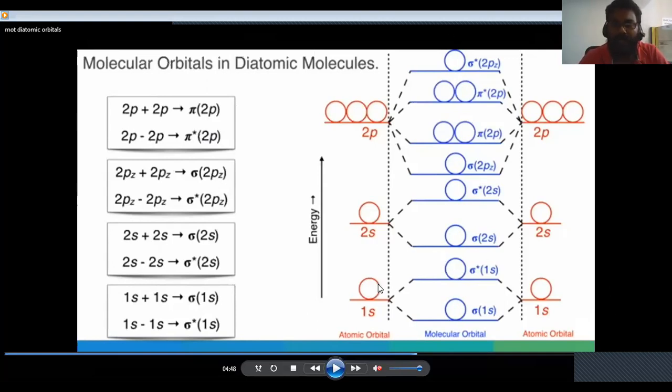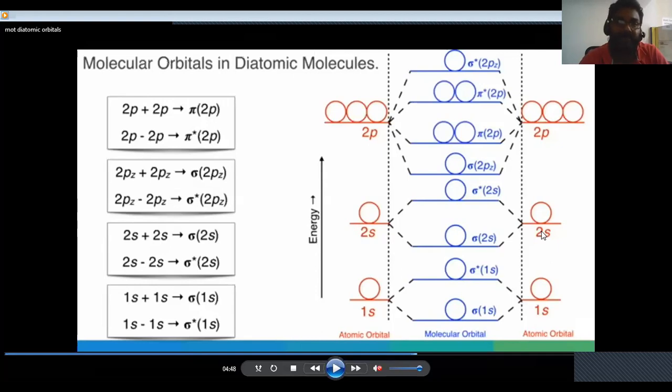Now the splitting of electrons. Here 2 electrons exist, here 2 electrons, here 2 electrons, and here 6 electrons, each orbital holding 2.